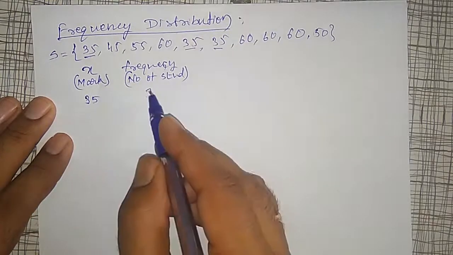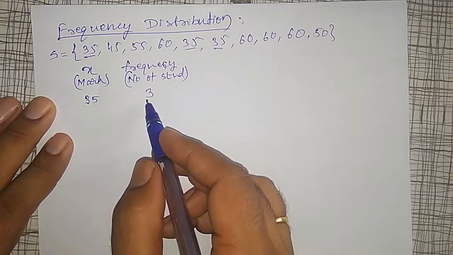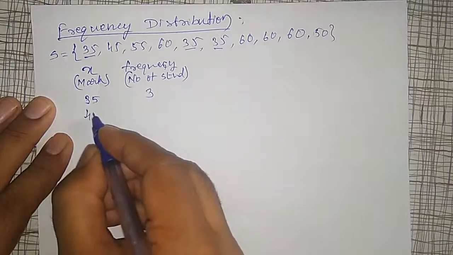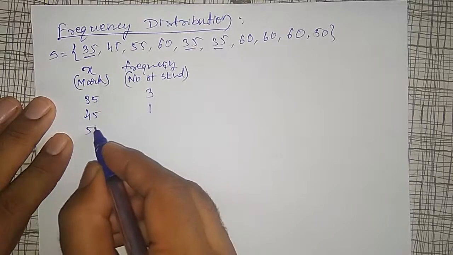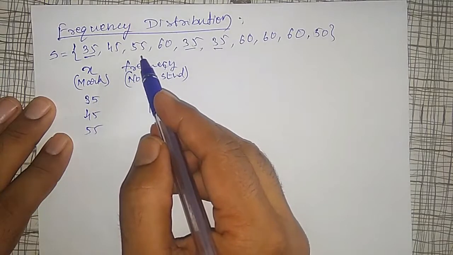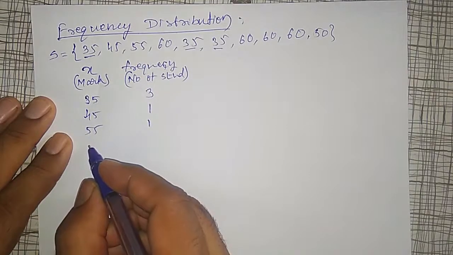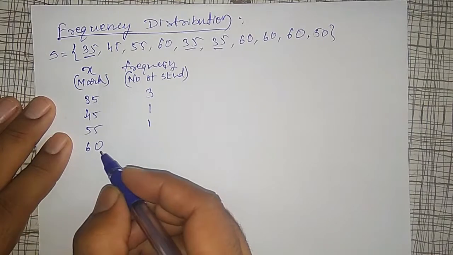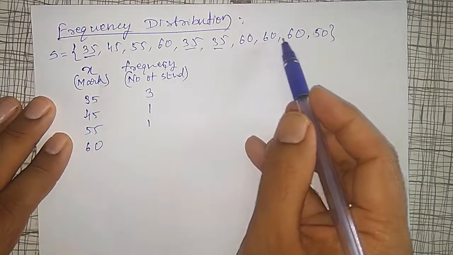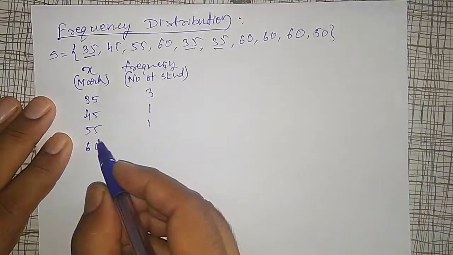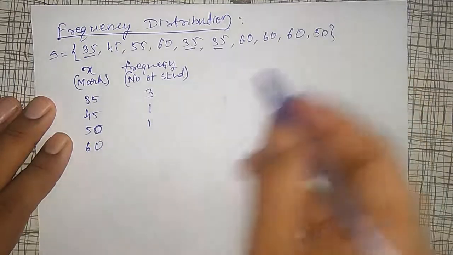Next, 45: only 1 student. Then 50: 1 student.